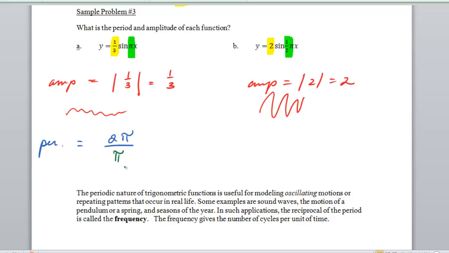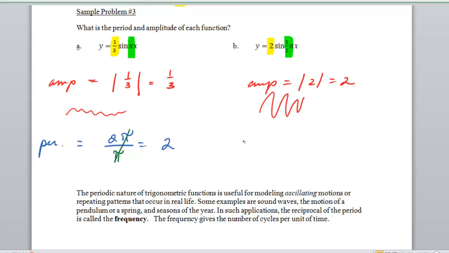The pi's cancel out, leaving a period of 2. This would alter a little bit what you would see on your x-axis as far as the points being given, but right now all we're concerned about is you identifying these parts.